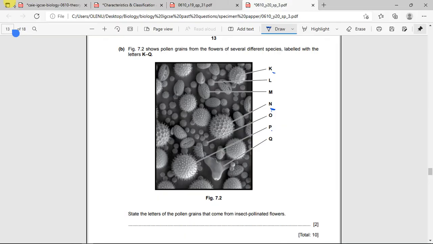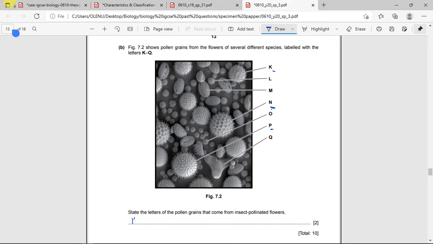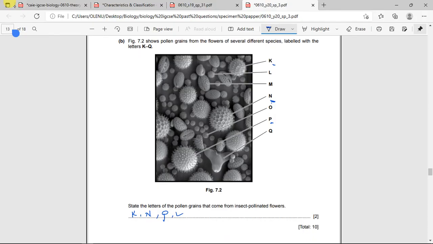P will be insect pollinated, so you can see the hooks on them. They need you to state all, so I'll go first with K, then N, then P. Okay, look at L too. I think that's all. The rest are smooth, so they will be wind pollinated.